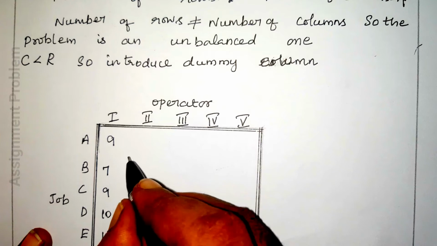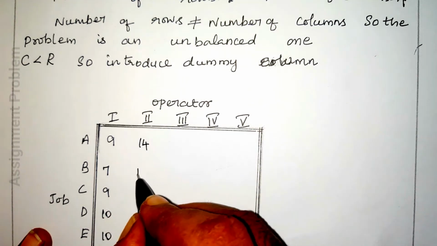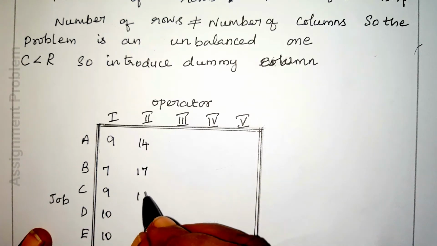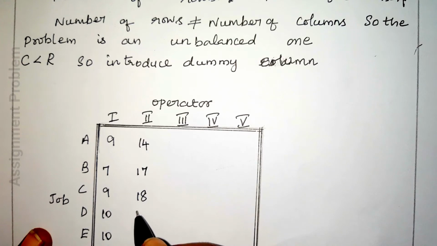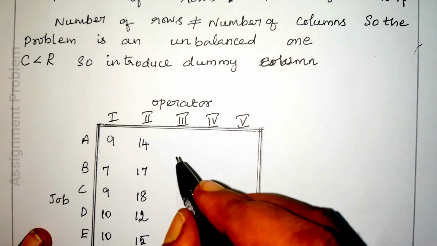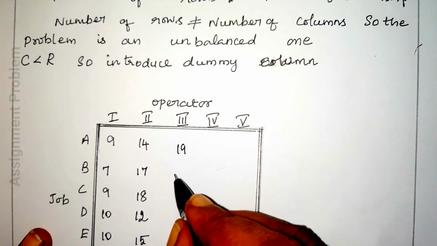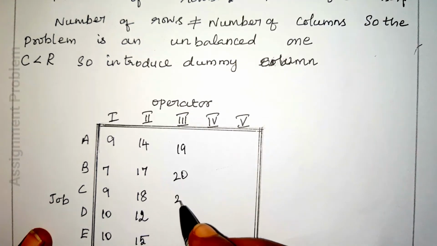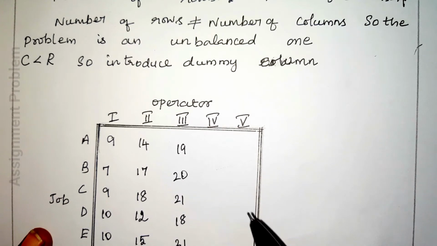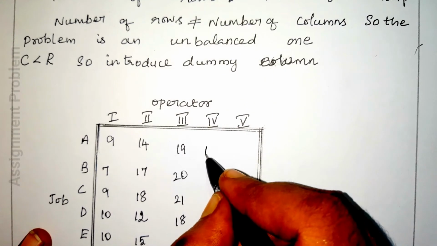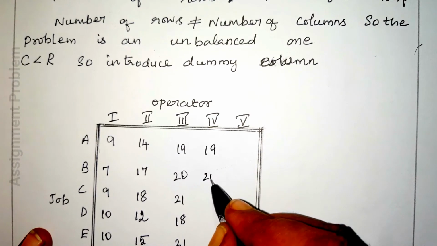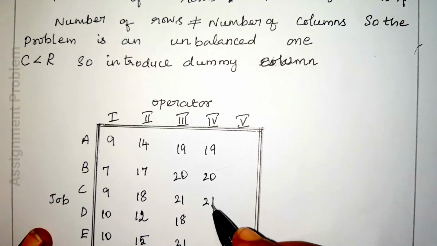Second column 14, 17, 18, 12, 15. Third column 19, 20, 21, 18, 21. Fourth column 19, 20, 21, 18, 21.